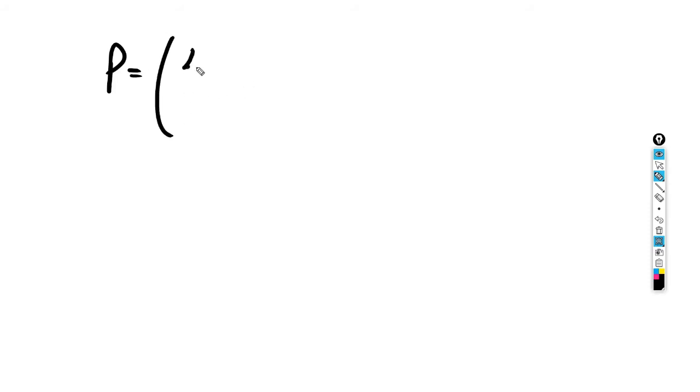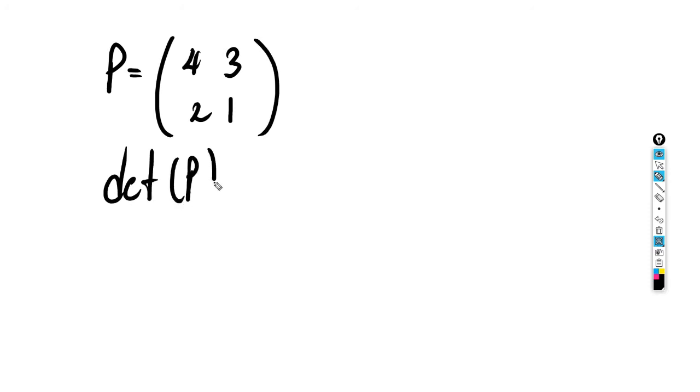P is equal to 4, 3, 2, 1. And we're going to find the determinant of P. So it's going to be 4 times 1 minus 3 times 2. You're going to end up with the same thing, even though it's different.